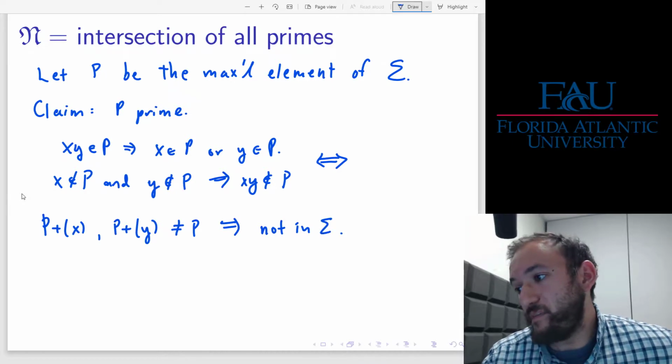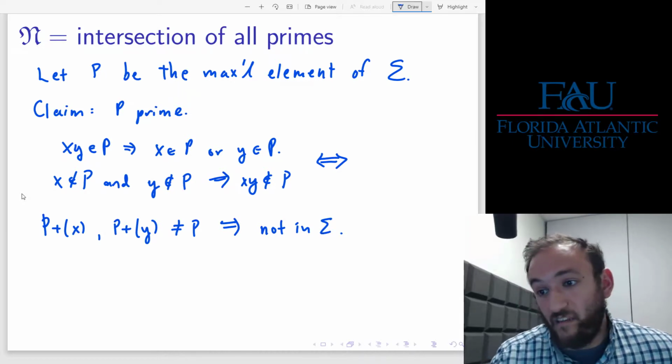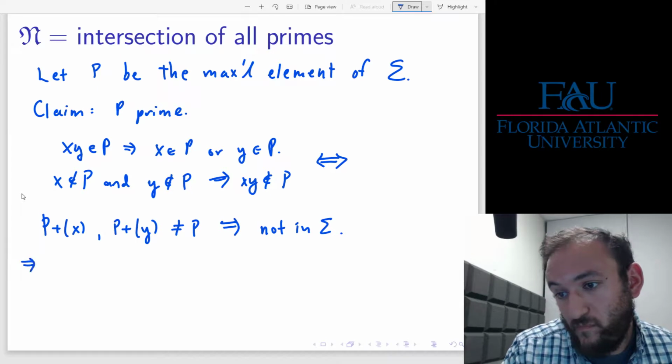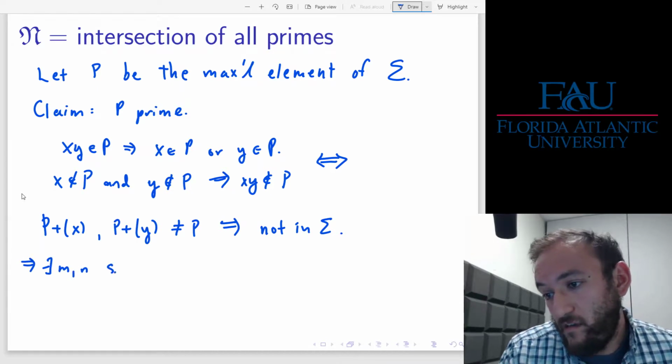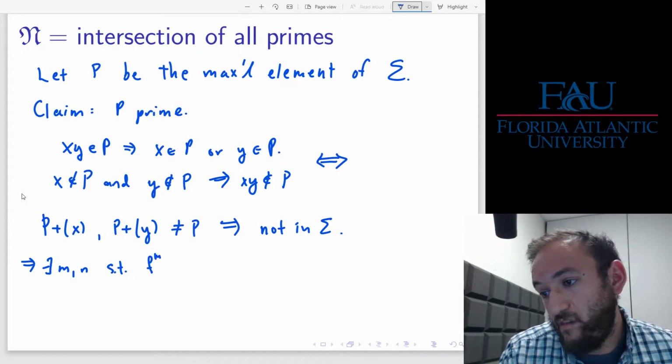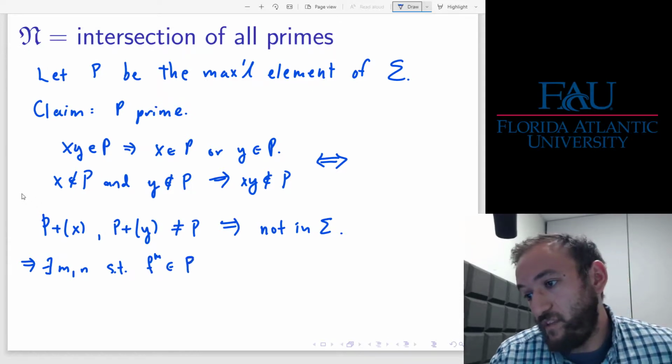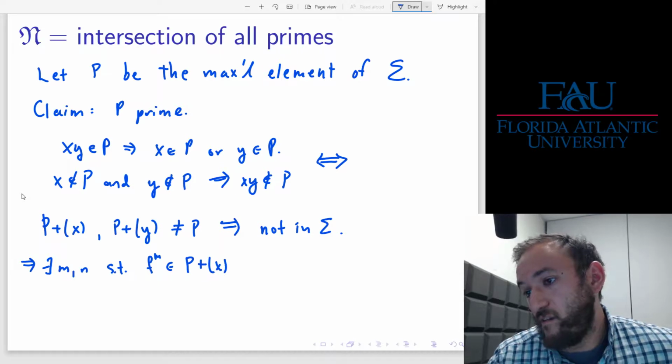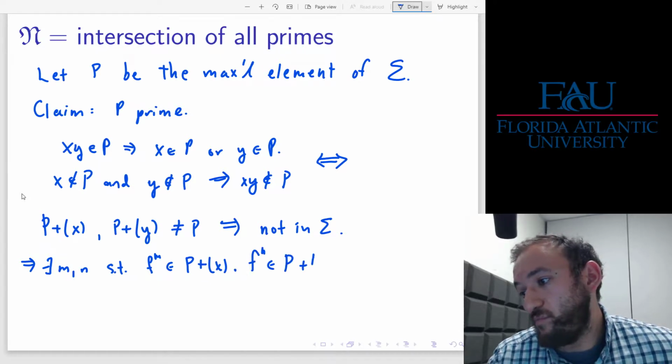And since they're not in sigma, that means that there's some power of f in both of them. So we can take m and n such that f to the m is in P plus x, and f to the n is in P plus y.